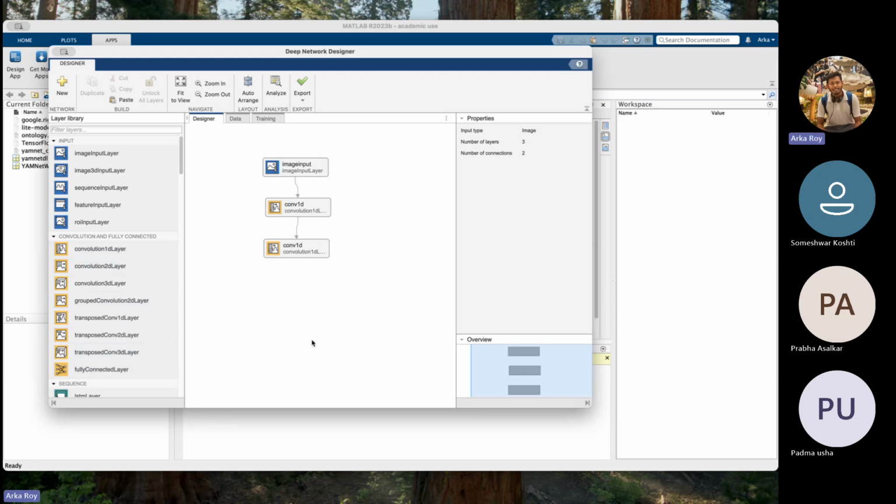But in contrast to MATLAB, if you see TensorFlow, PyTorch, and Keras, whatever state of the art material is coming, all of it is included in them. MATLAB does not update very frequently.